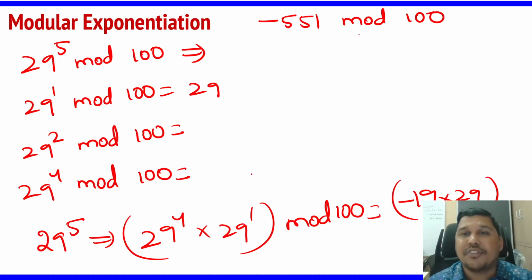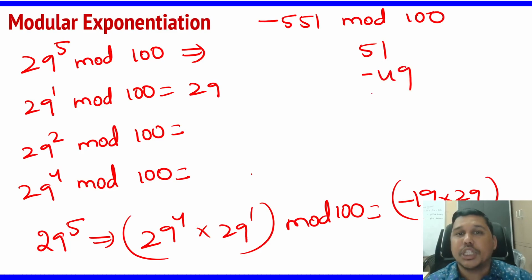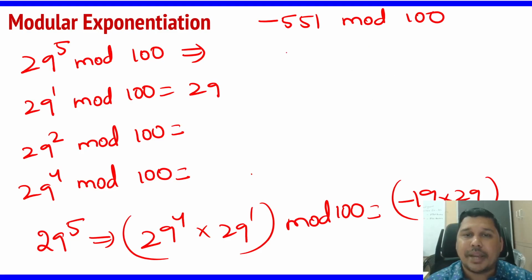Now what is minus 551 mod 100? First skip the sign. What is 551 mod 100? You get two values: one is 51, the other is minus 49. Minus 49 is the smallest one, so you take minus 49.